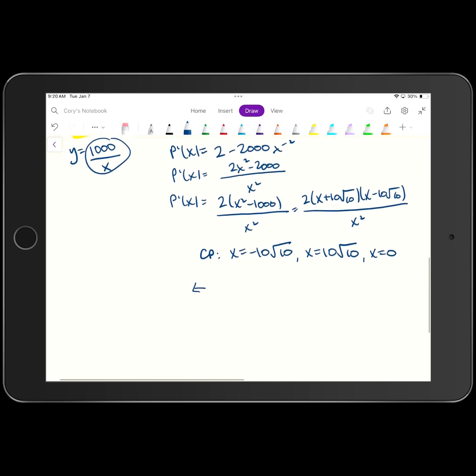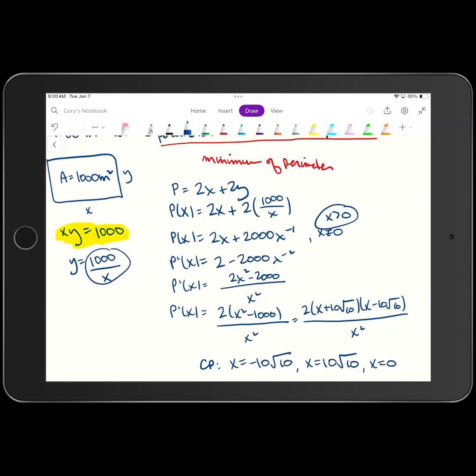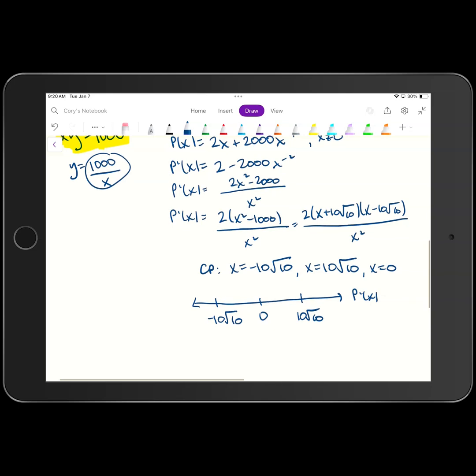So when I plot these critical points on my sign chart for P prime, we have negative 10 rad 10, 0, and 10 rad 10. We said earlier in the problem, because x represents a side length, our side lengths have to be positive. So we're not going to test any values to the left of 0 because they don't make sense in the context of this problem.